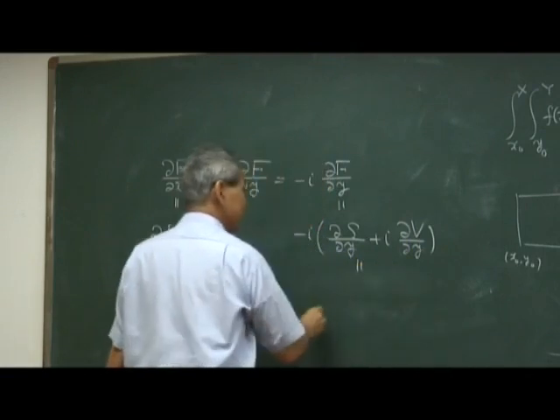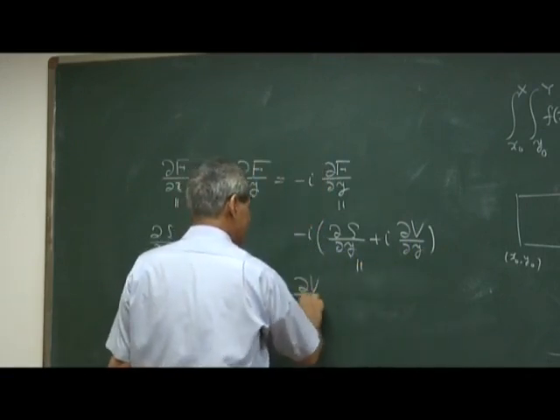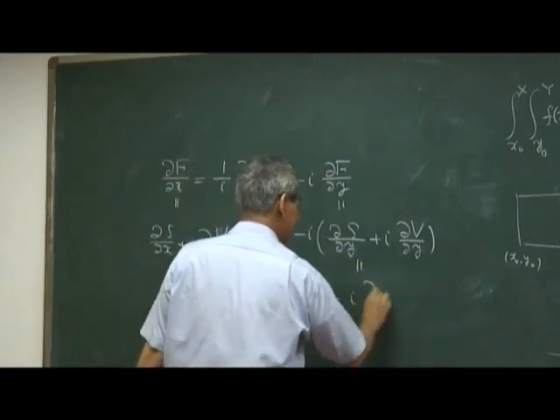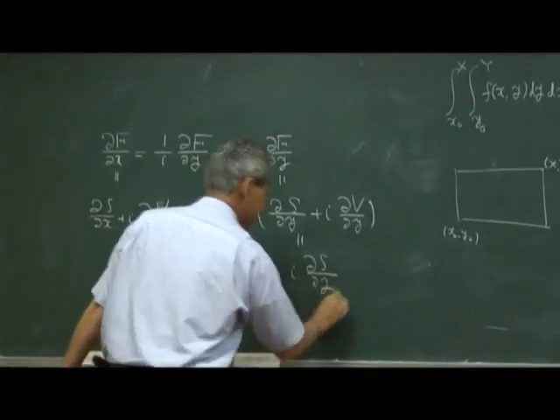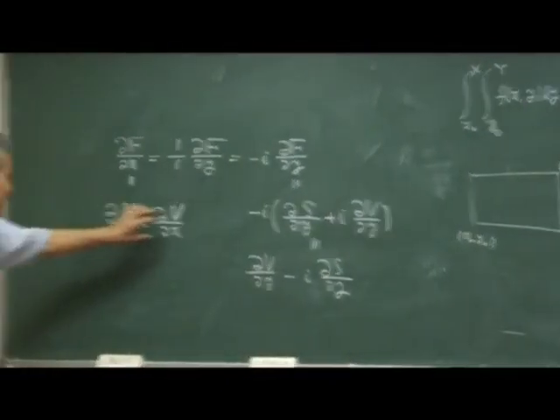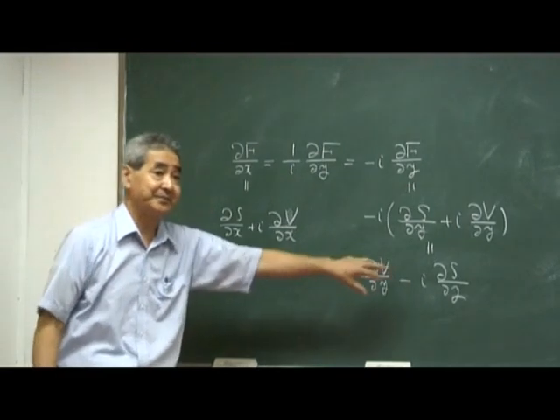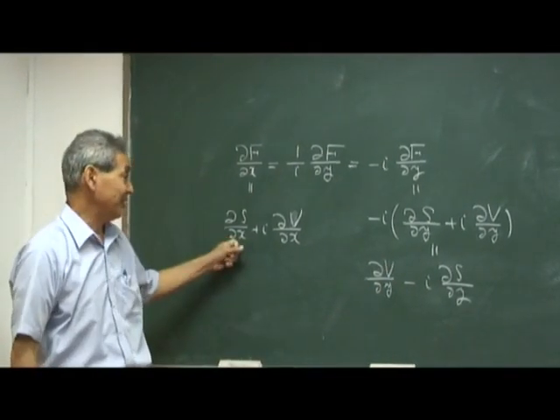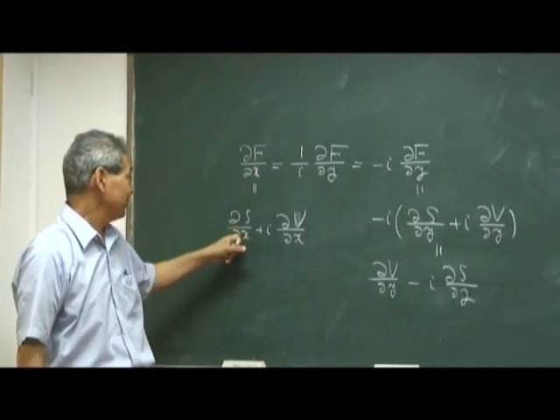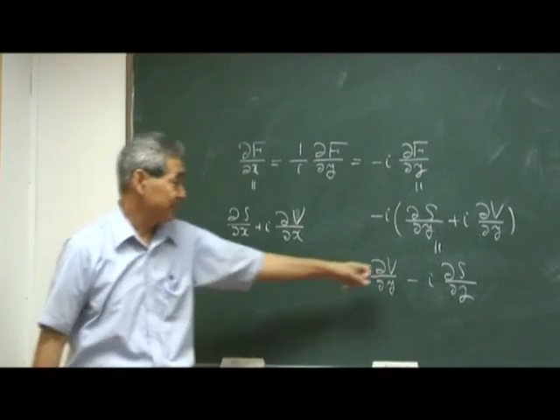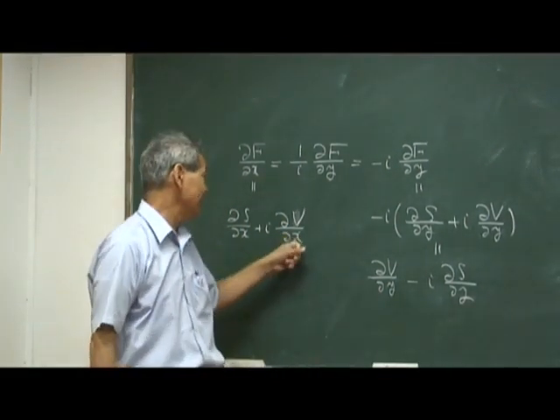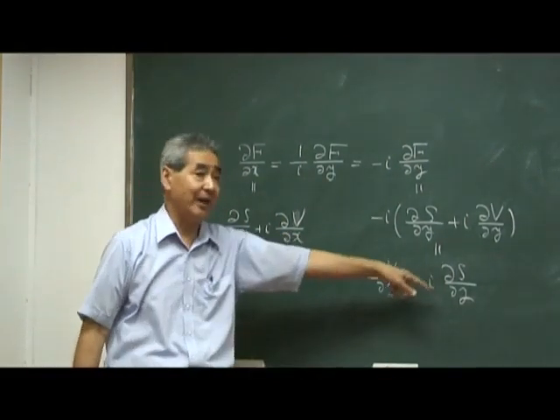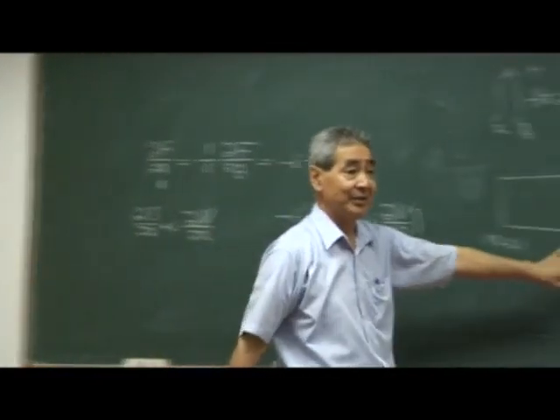Therefore, this is equal to dv/dy minus i du/dy. So these parts are real functions. So the real part gives du/dx equals dv/dy, and dv/dx is minus du/dy.